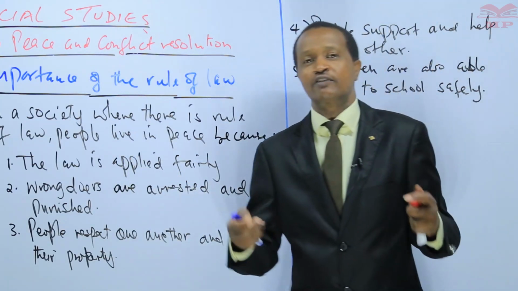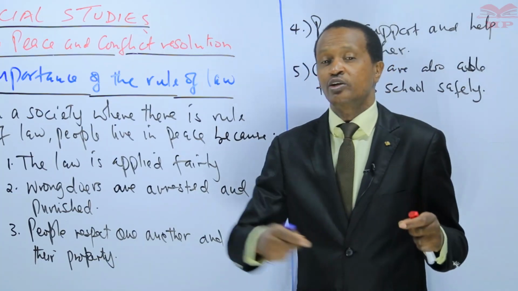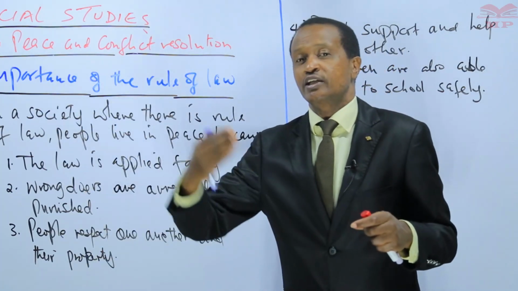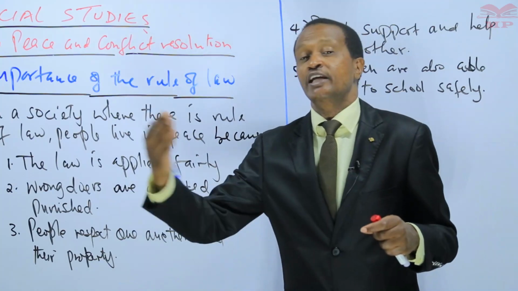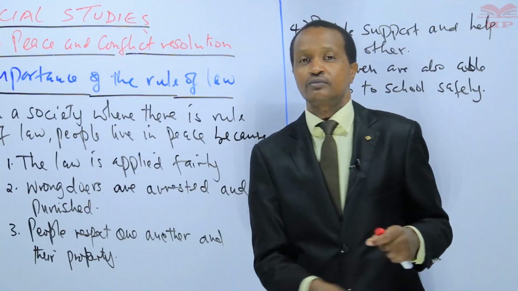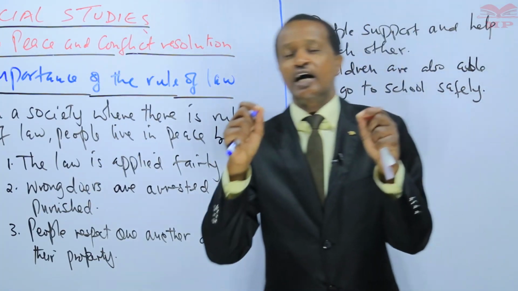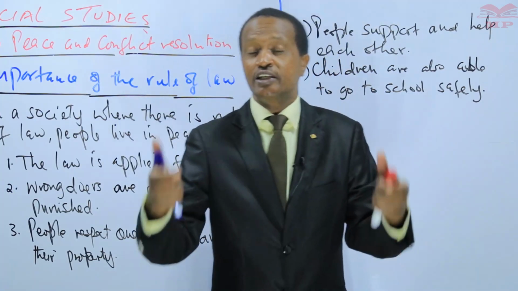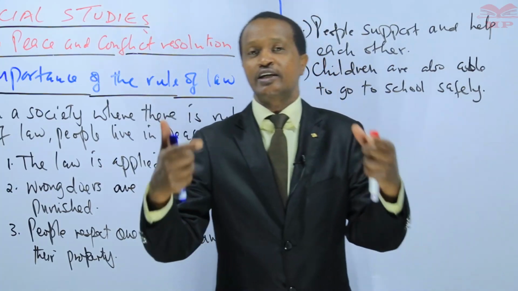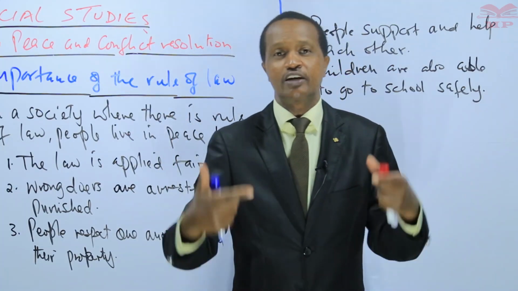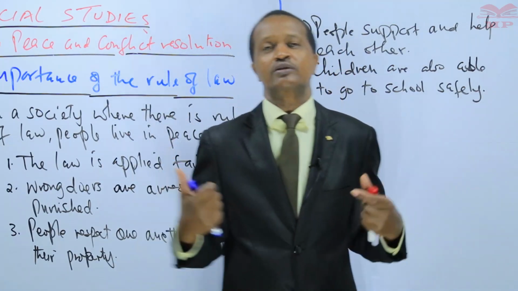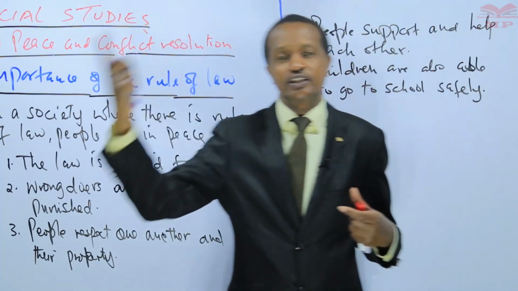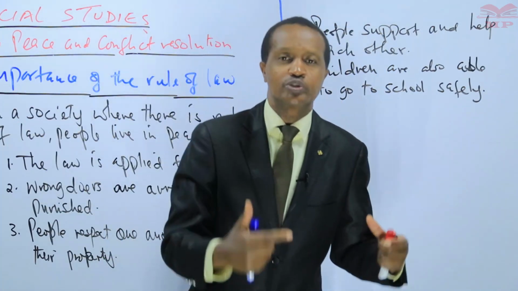Hotels have laws which they are supposed to obey when they are running the hotels, like hygiene and nutrition laws. Schools have laws that they have to obey when running the institutions. Schools are run based on laws that the government has given out. Universities are run based on laws.